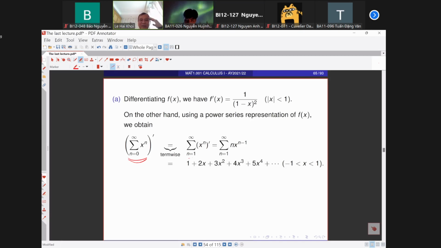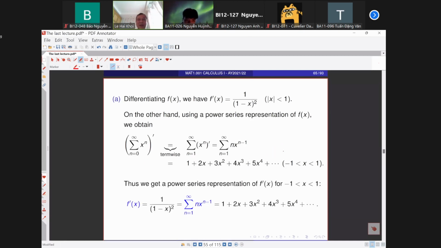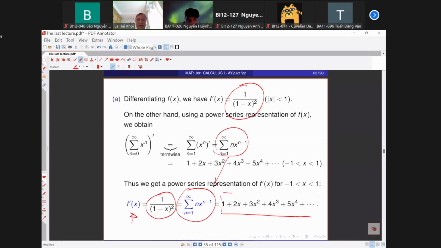You get the sum from n equal to 1 of the derivative of x to the n, which is n x to the n minus 1. So the conclusion: 1 over (1 minus x) squared, as f prime of x, has a power series that is the term-wise derivative of the given one. Then it is your answer. Okay? So it is easy.